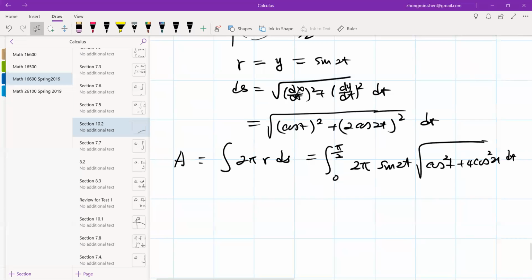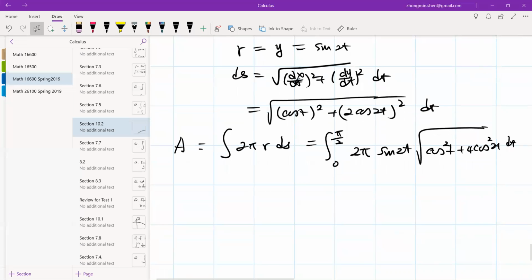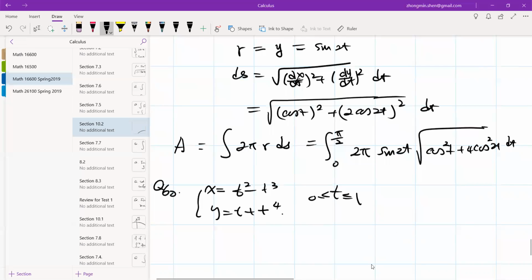Yeah, I'm going to discuss the last problem from the test today. We're talking about surface integrals. Okay, so number 60. x is still equal to, this is x, y equals t plus t to the first half, t is between 0 and 1.